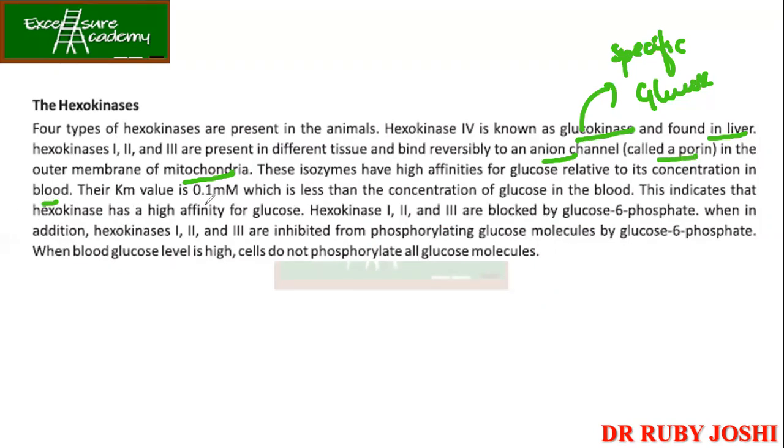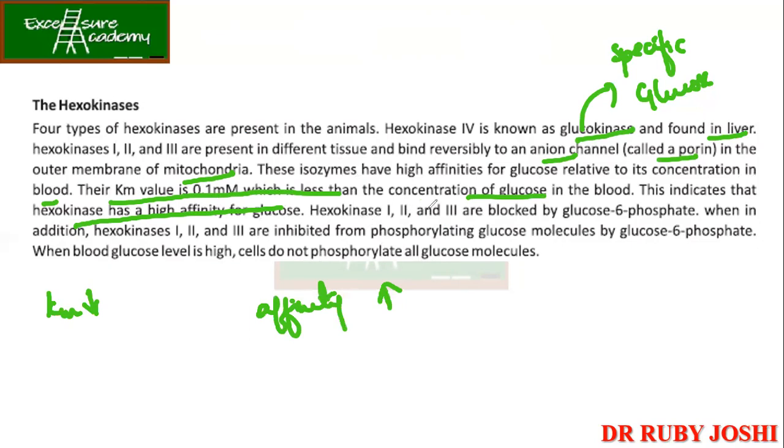Their Km value is 0.1 millimolar, which is less than the concentration of glucose in the blood. So the Km value has been given to you. This indicates that hexokinase has high affinity for glucose. Why? Because its Km value is low. So its affinity is high.